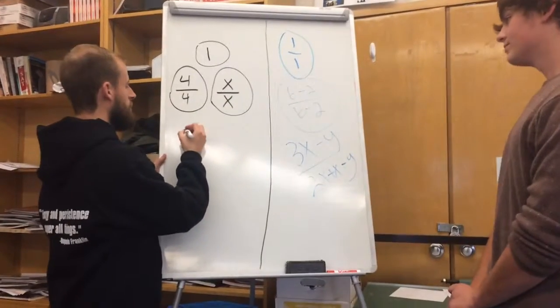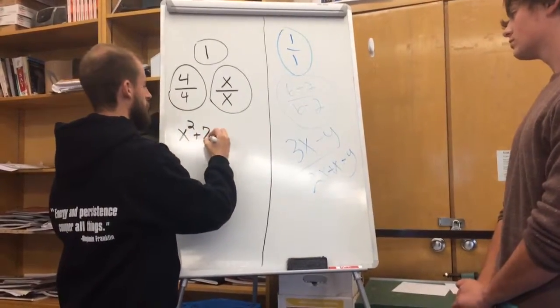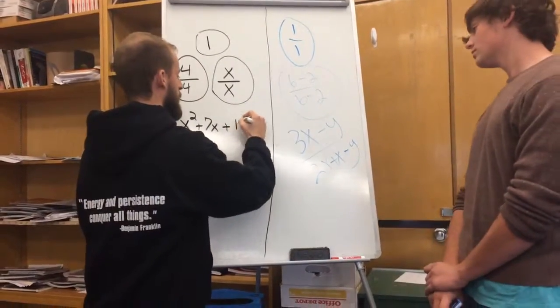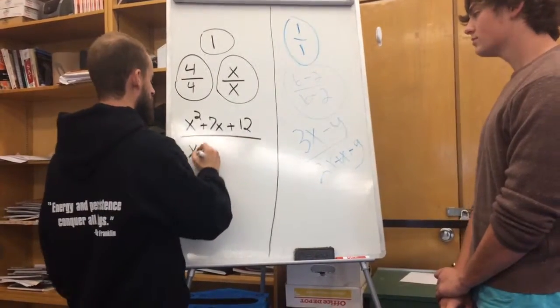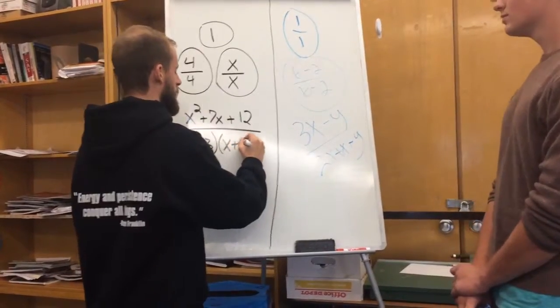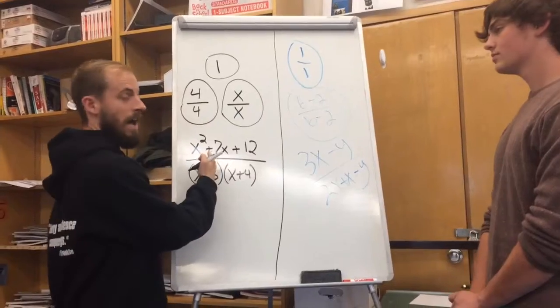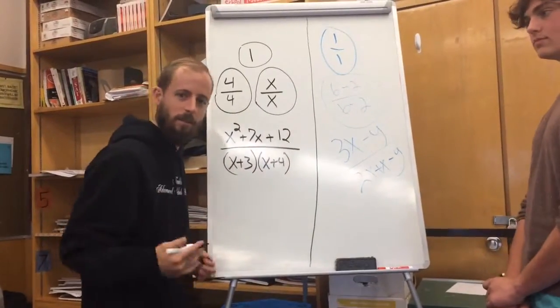Or we could do, let me see, x squared plus 7x plus 12 over, let's see if you all can get this, x plus 3 times x plus 4. The reason this is true is because if I factor the top, I get x plus 3 times x plus 4, which means it would be the same thing on the top and bottom.